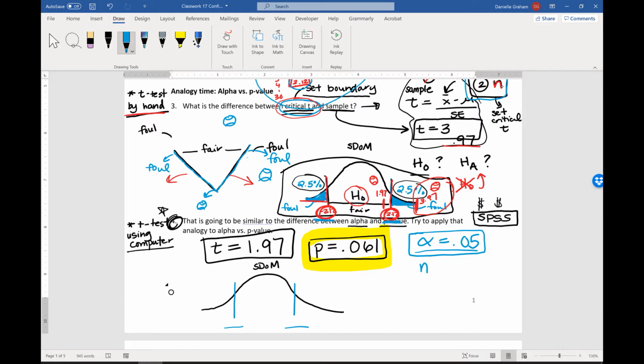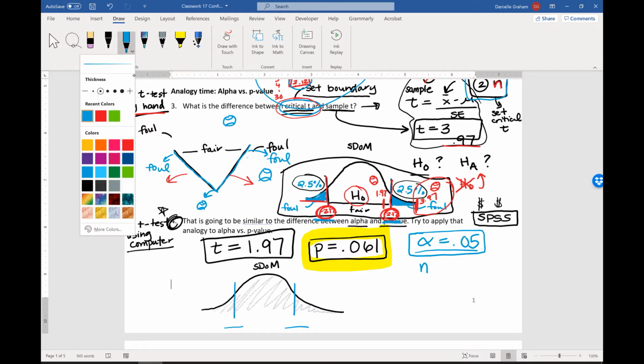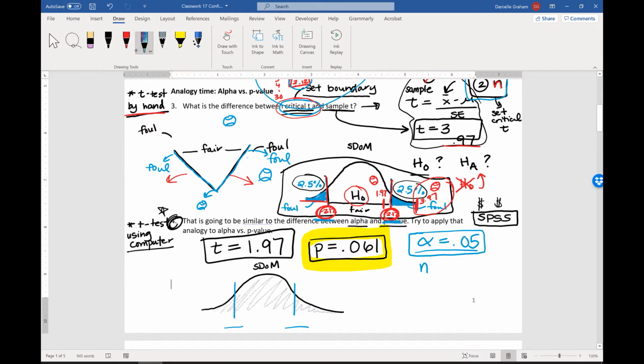We don't care. Computer will find out, okay, based on everything, I can tell you, remember when we're talking about this curve, we're talking about the area under the curve representing probabilities, right? And so the computer will say, okay, where did your baseball land? It will calculate your sample t, and then it will say, okay, where did this sample t land?